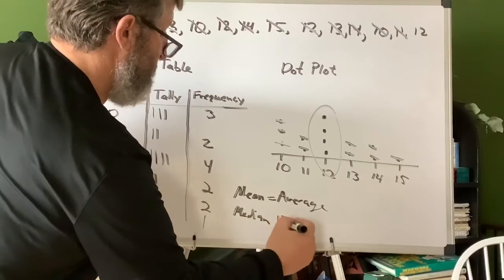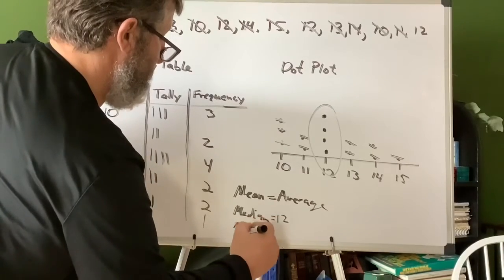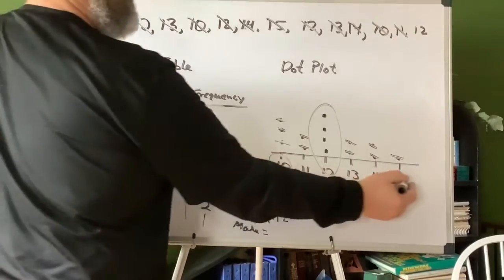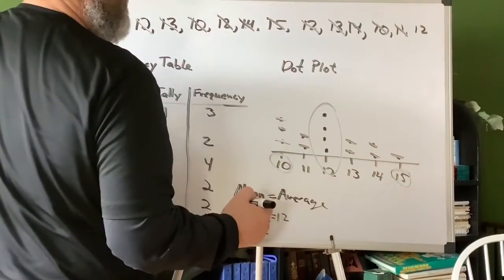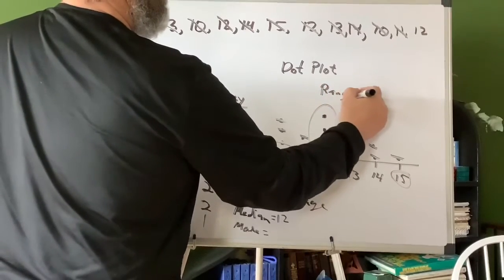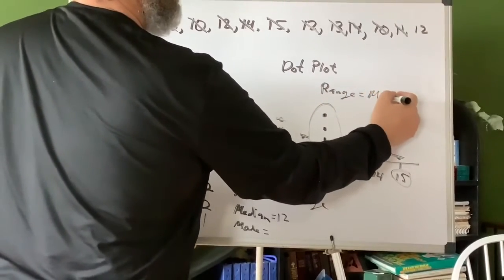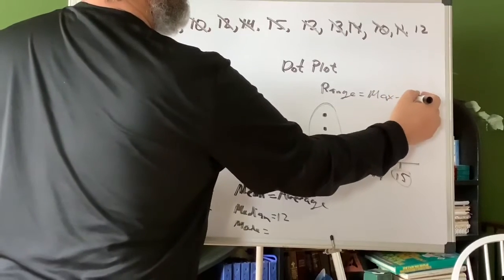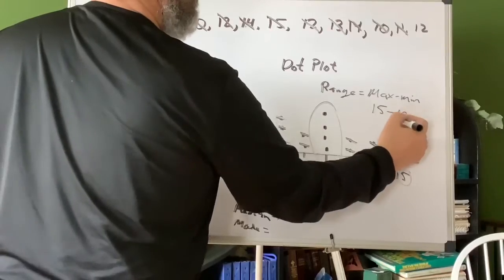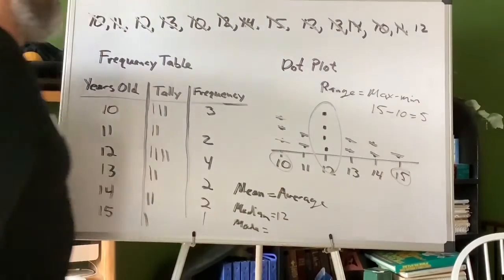So the median is 12 and the mode is also 12. Minimum is 10, maximum is 15, and the range equals max minus min. So that'd be 15 minus 10, so our range equals 5.